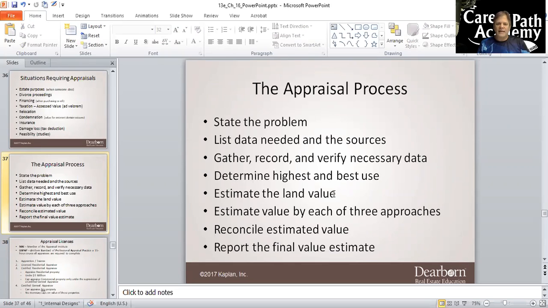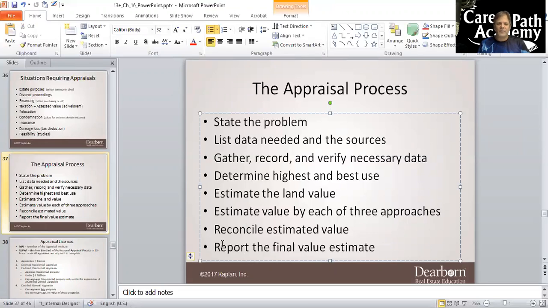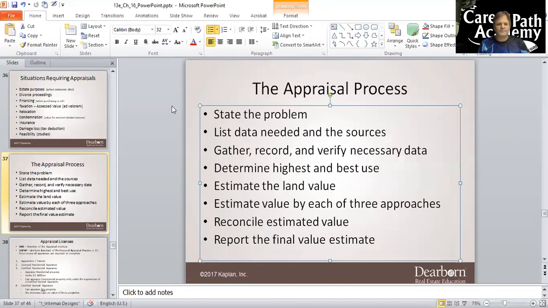They determine the highest and best use. They estimate the value of the land. They estimate value by use of the three approaches. They reconcile their estimate of value. That's when you apply more than one of the three approaches to the value of the same property we just learned. And then you report the final value estimate in the appraisal. So this is the appraisal process and how it works.